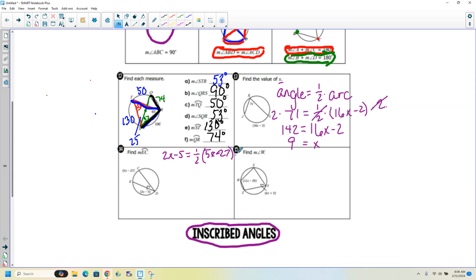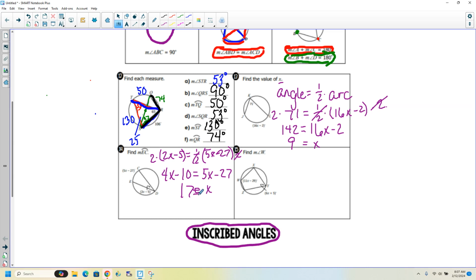Times 2 on both sides, times 2 over here to cancel the fraction. And then a times 2 over here. Notice I'm putting in parentheses. I have to multiply 2 times everything over here. So now I have 4x minus 10. And over on the right side, don't need the parentheses anymore. Nothing's being multiplied times. 5x minus 27. And we solve that out and we get x equals 17.